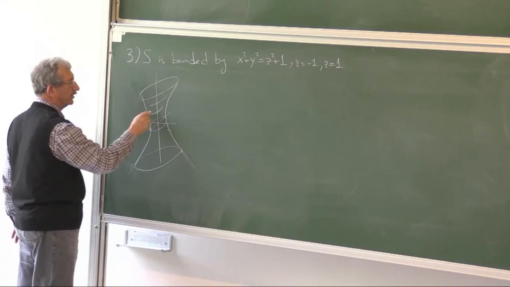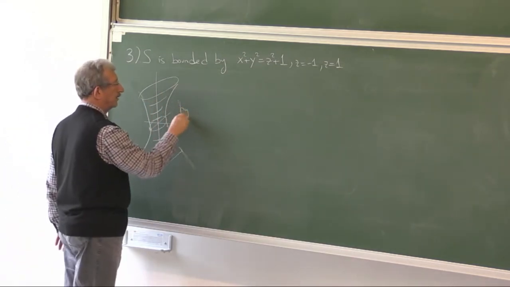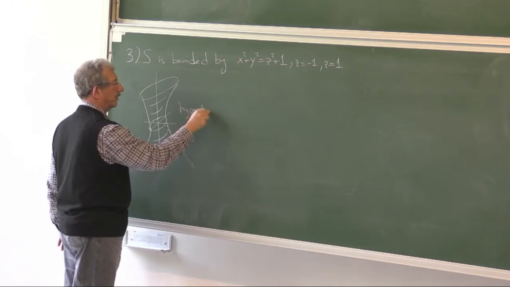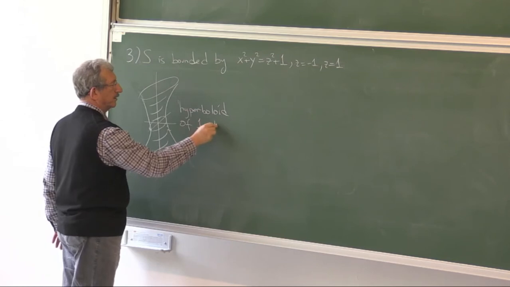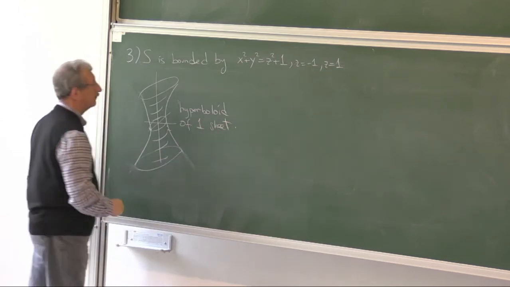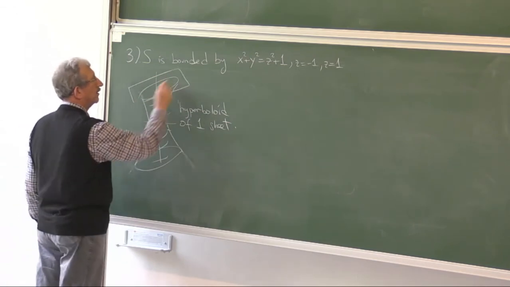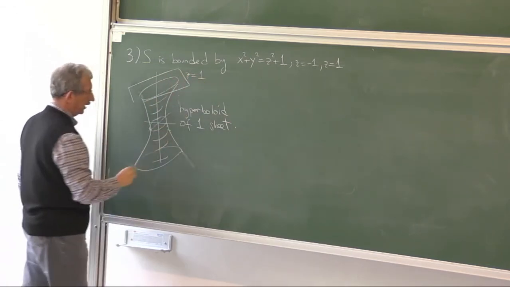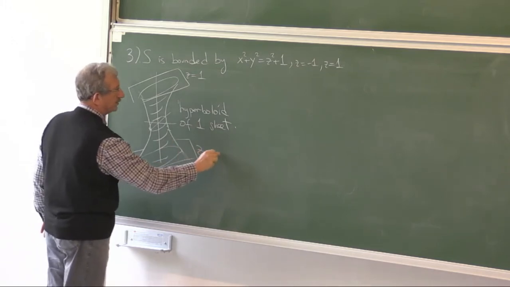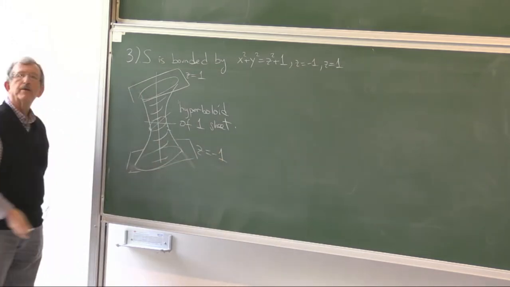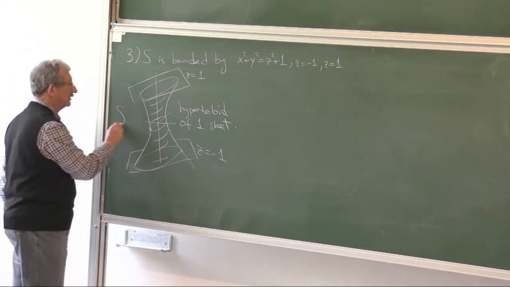So it was what is called a hyperboloid of one sheet. And you cut it from the top by z is 1, and from the bottom by z is -1. You close the top and the bottom, so you get a nice solid S.